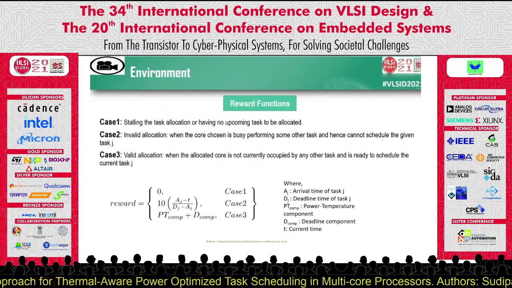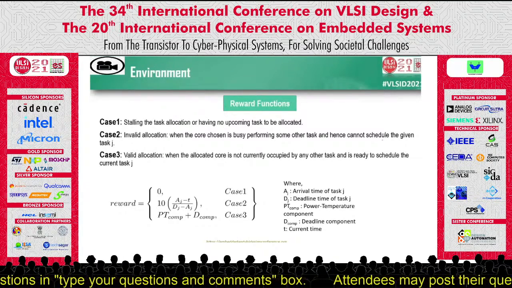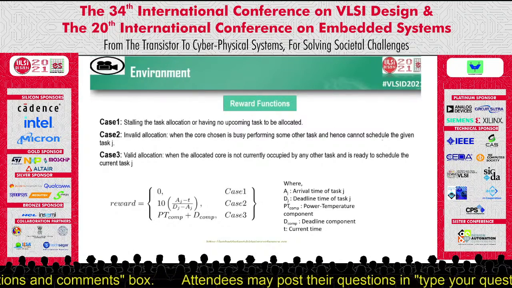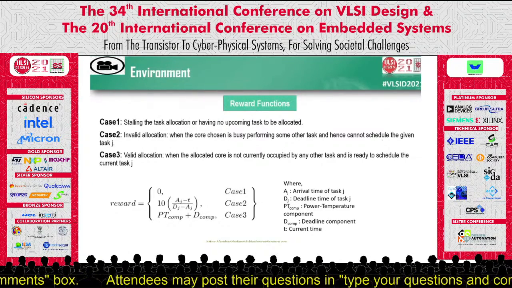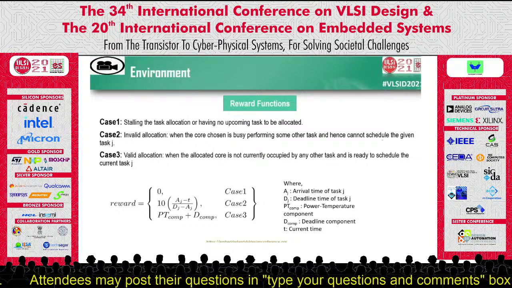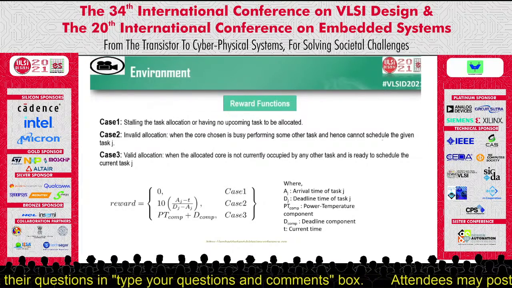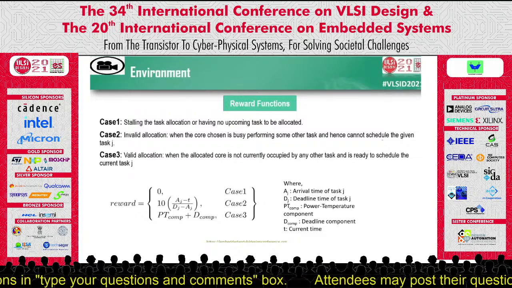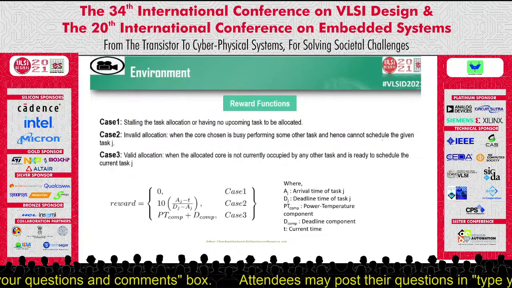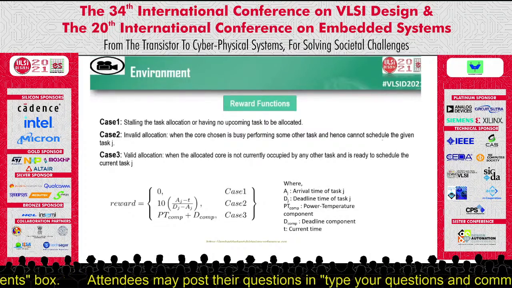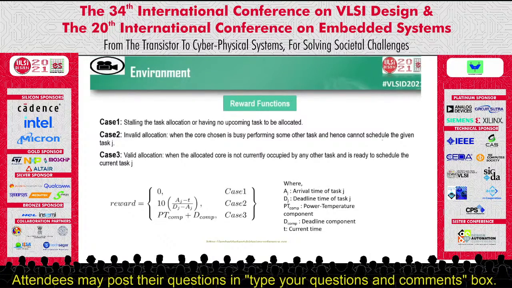This combination has a relatively higher weightage of temperature factor at higher temperatures and relatively higher weightage of power component at lower temperatures. The mathematical calculation of the PTcomp has been avoided here in presentation for simplicity. In addition to the PTcomp, we add a penalty for crossing deadlines of tasks represented by Dcomp. That completes our description of reward function.